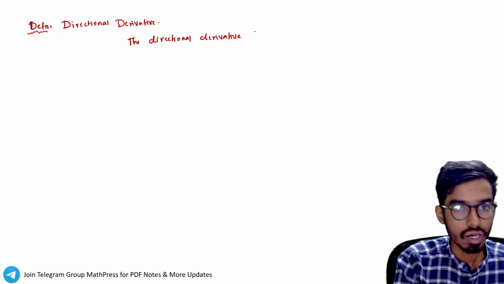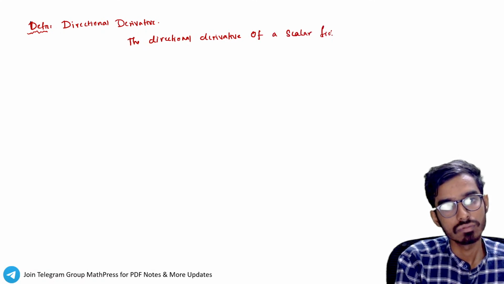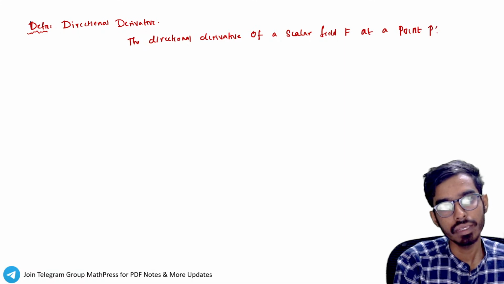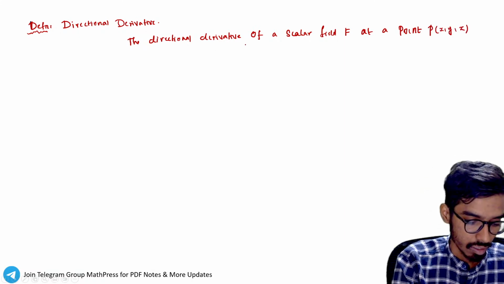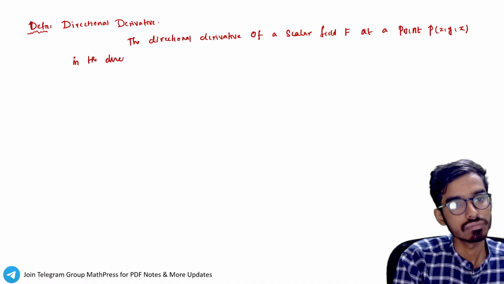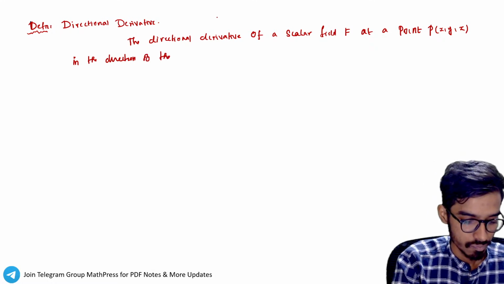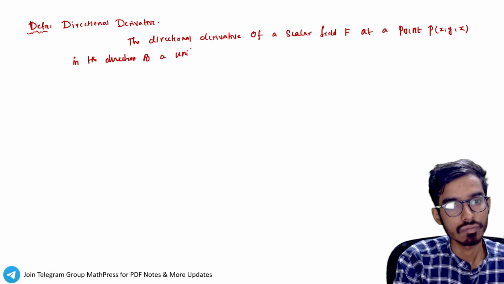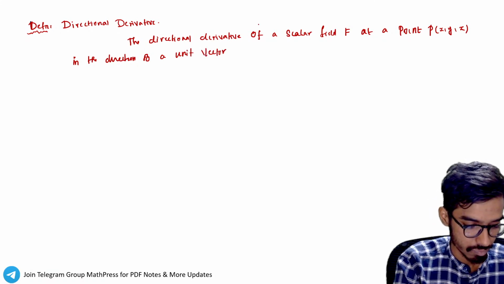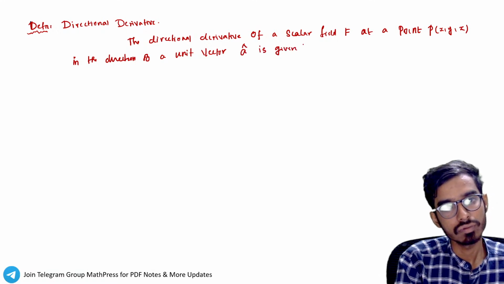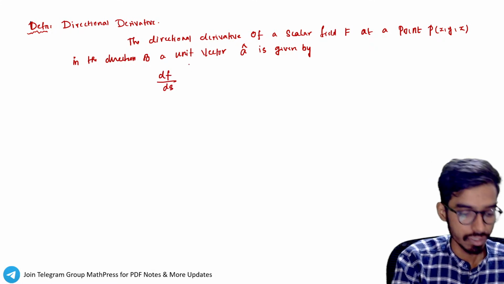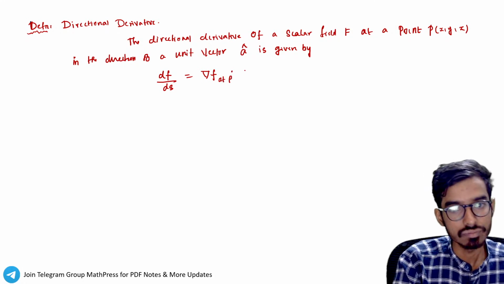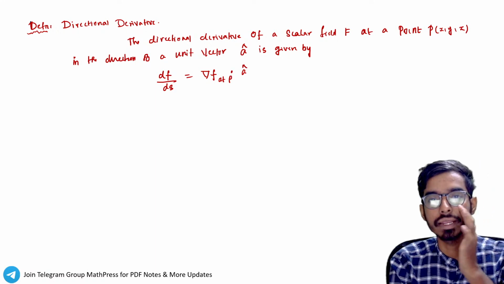The directional derivative of a scalar field f at a point P (x, y, z) in the direction of a unit vector a cap is given by df by ds, which is called the directional derivative, equal to gradient of f at P dot a cap, right? So this has to be a unit vector, right? This has to be a unit vector.